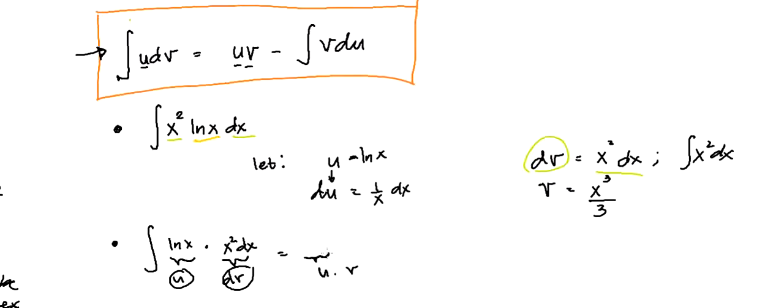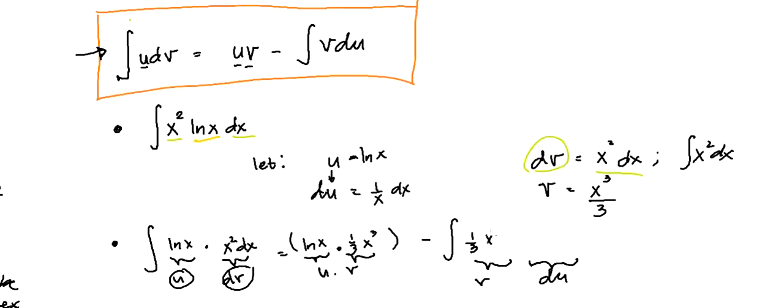Our u is ln of x, and our v is 1/3 x cubed, right? Minus the integral of v du. Again, what is our v? We have 1/3 x cubed, and our du is 1/x dx. Okay, you followed.